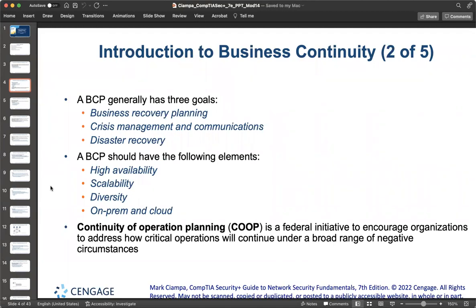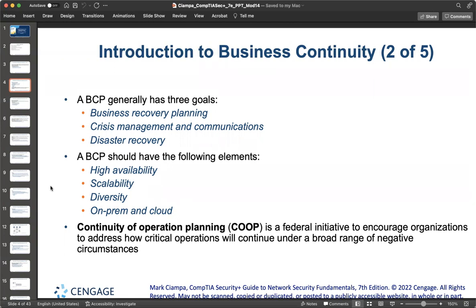How would you communicate between different entities within your company in case of a failure, and how would you manage this crisis? And finally, disaster recovery is a part of it. So in case the mishap is so catastrophic that it's going to take the entire company down, how would you recover from that? Which in this case, we're going to call a disaster.